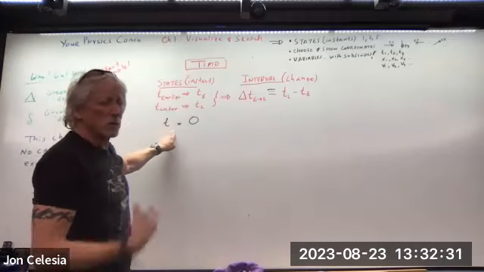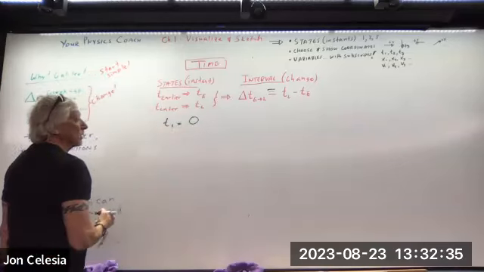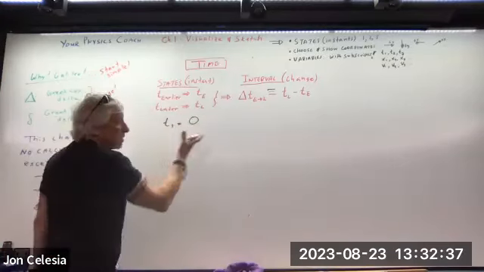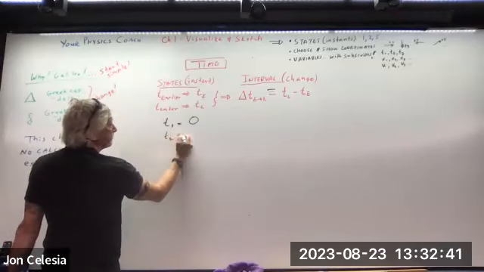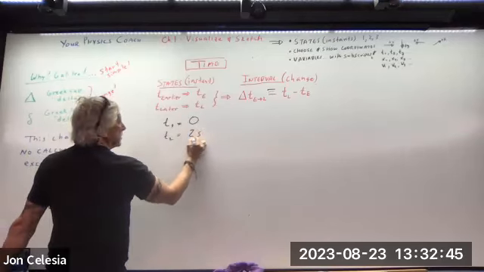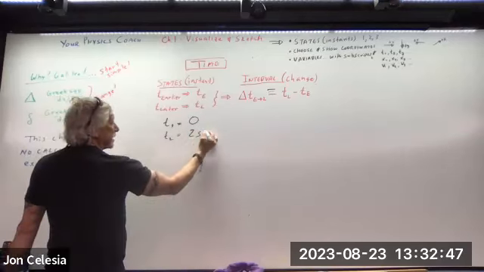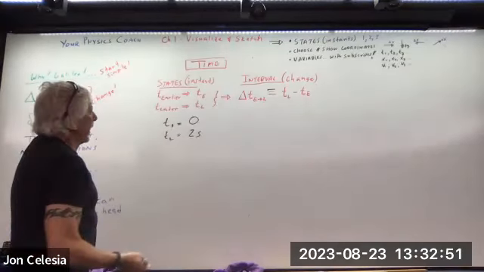Some people use t initial. That's really weak. So we're going to go t1. It doesn't have to start at 0, but in our video it did. It's fine. t2, let's do 2 seconds. That S is seconds. We don't write sec, we just write s.